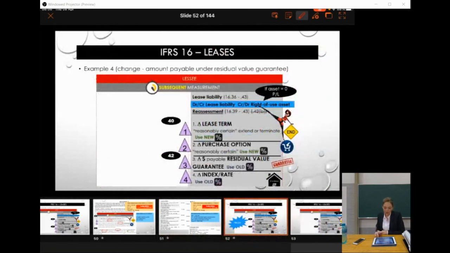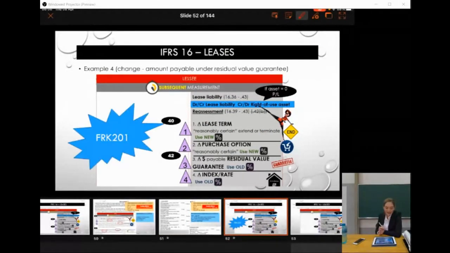Cool. Now, the next one is example 4. That's the change of the amount payable under residual value guarantee. This one you did in FRK 201, so I'm not going to spend time on that remeasurement. And I see that our time is almost finished.